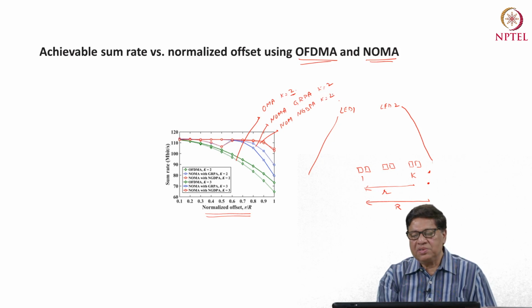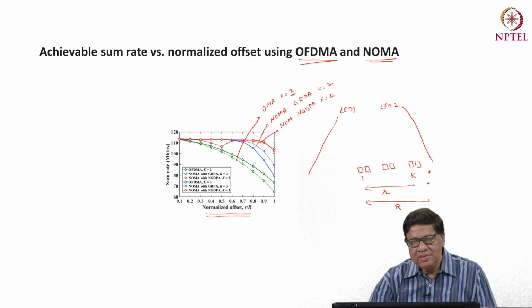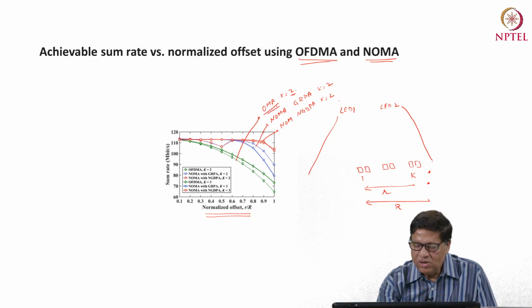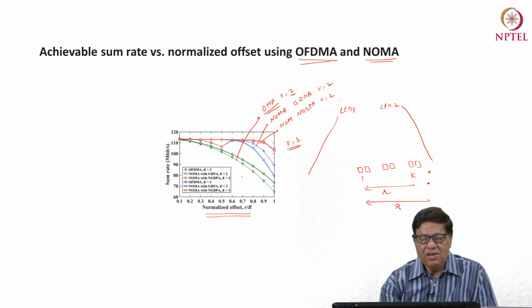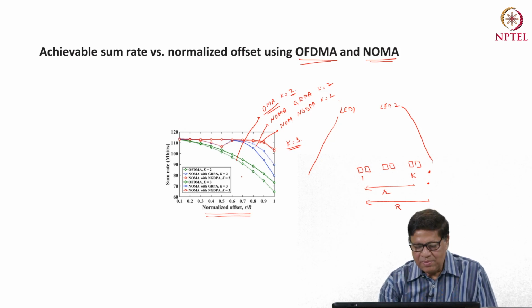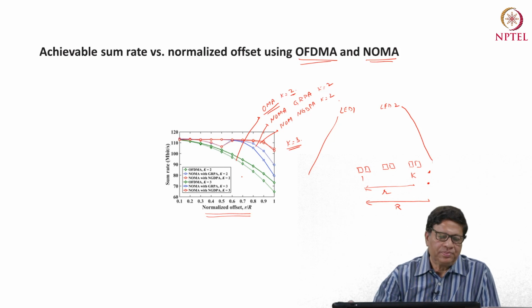So this performs slightly better than the GRPA algorithm and definitely better than the normal OMA for k is equal to 2. The same trend is there for k is equal to 3 when the users are 3. So you have the same pattern. So what we see here is that in NOMA using NGDPA as a power allocation strategy, we get the maximum sum rate possible inside the room.